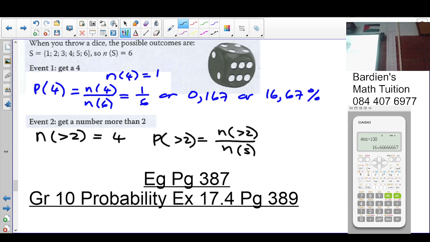Can you see that, people? 4 out of 6, which is 2 over 3. 2/3 can also be written as 0.6 recurring, or 0.67, or 66.67%.